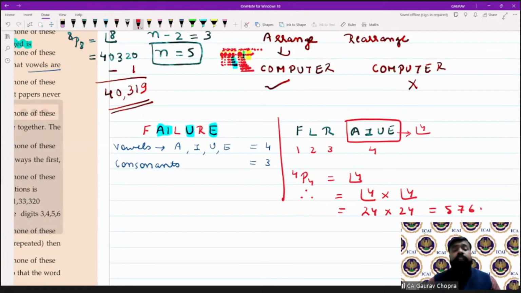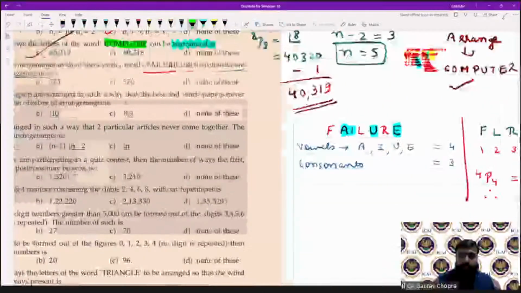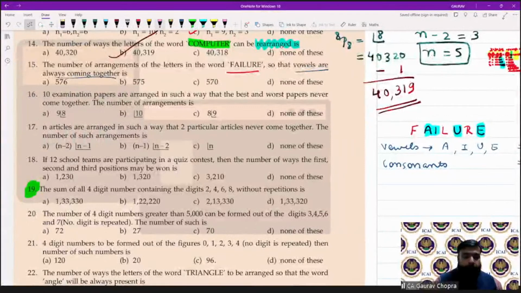Whenever such kind of condition is there, always tie them. सबको एक साथ में रख ले and then उसके बाद उसको arrange करना है and then जितने भी लोग एक साथ है उनको भी हम आपस में rearrange करेंगे. So the answer will be 576. That is option number A.